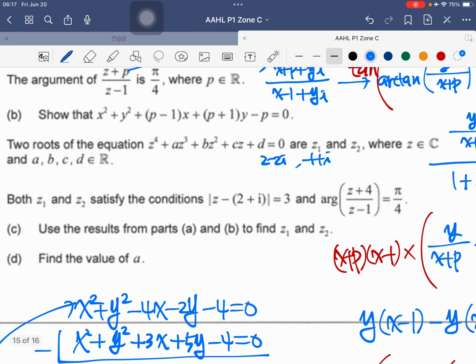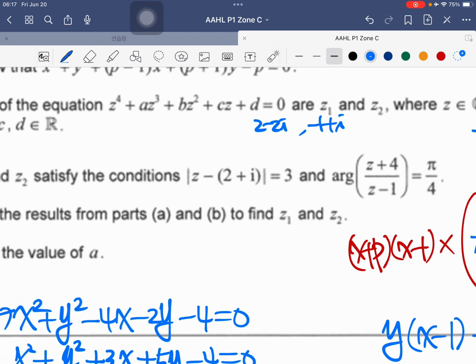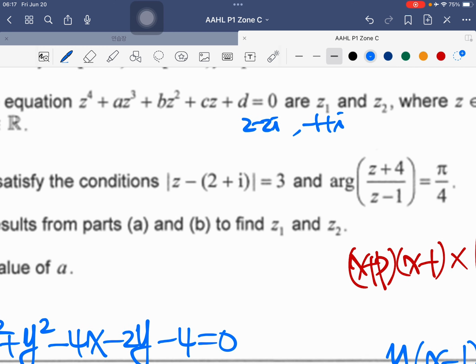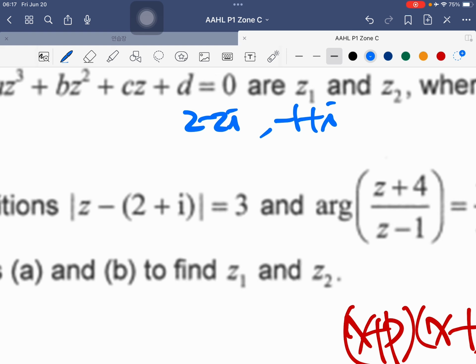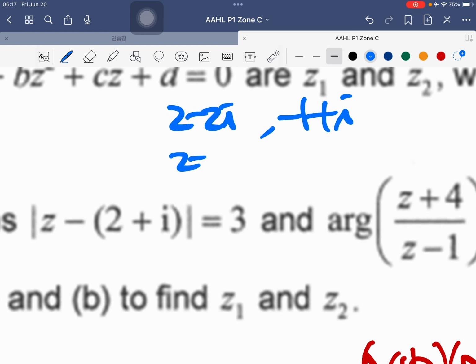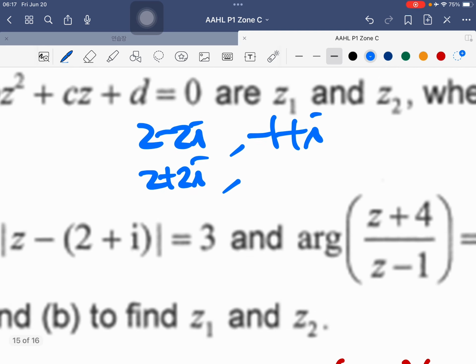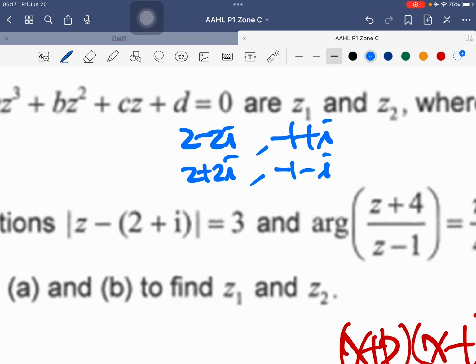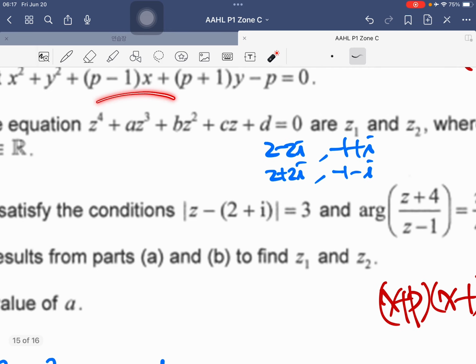Because complex roots always exist as conjugates, if 2 minus 2i is a root, we can also say 2 plus 2i is also a root. And we can also say minus 1 minus i is also a root of this equation over here, because complex roots always exist as conjugates.